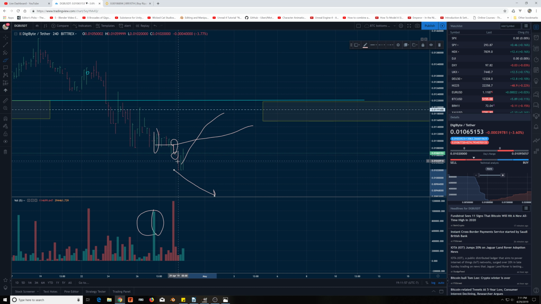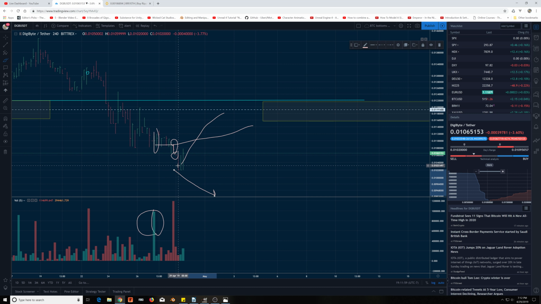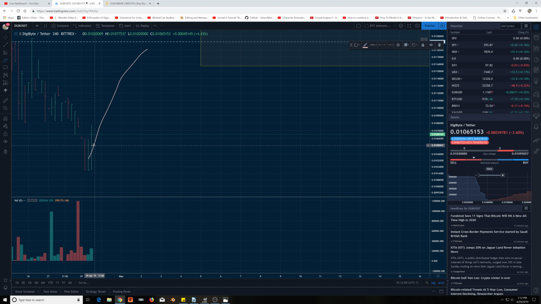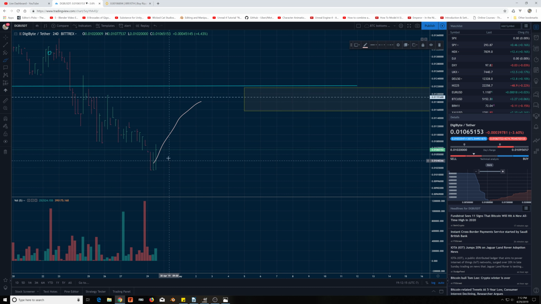But look how tight that is. And then there's a gap. Boom, boom. Big old gap. People aren't selling anymore here. So with low volume, which I actually like, a low volume turnaround, that's really cool. That means supply is like gone.